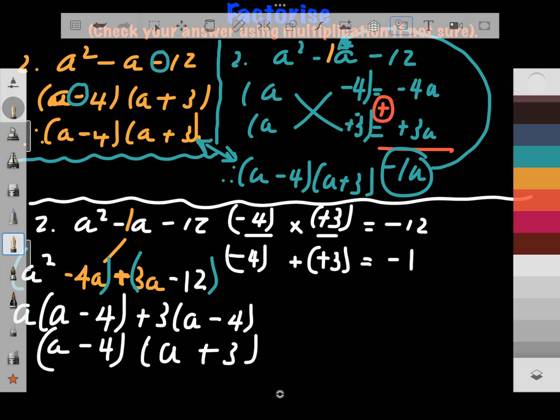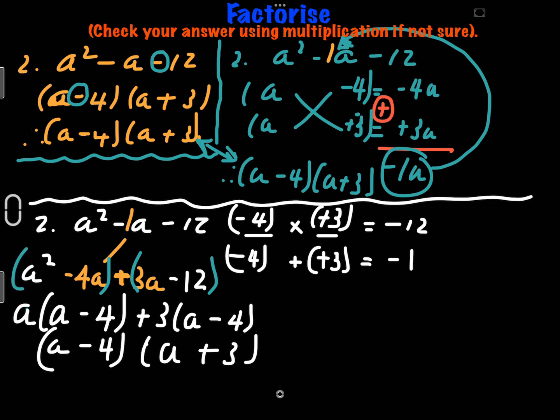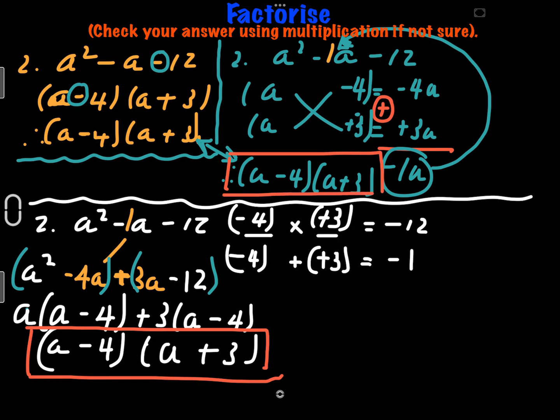Now, in conclusion, you can clearly see that this answer, a minus 4 multiplied by a plus 3, is the same as the previous answers.